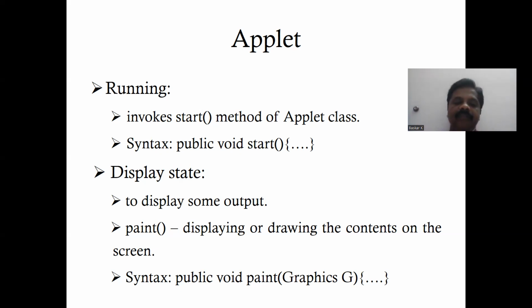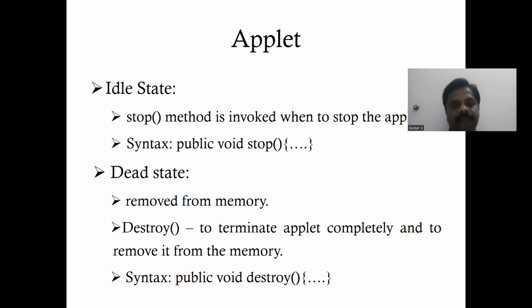For that, we have one method called paint. Displaying or drawing the contents on the screen is the use of the paint method. The syntax for the paint method is public void paint, and inside the brackets, Graphics g. So Graphics g is the graphics object.